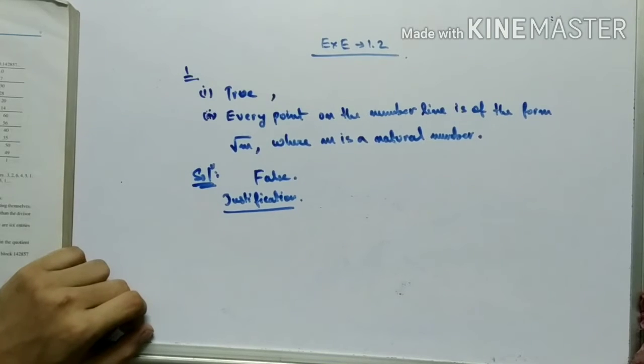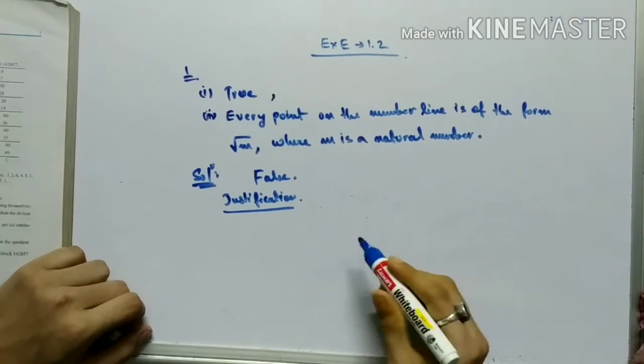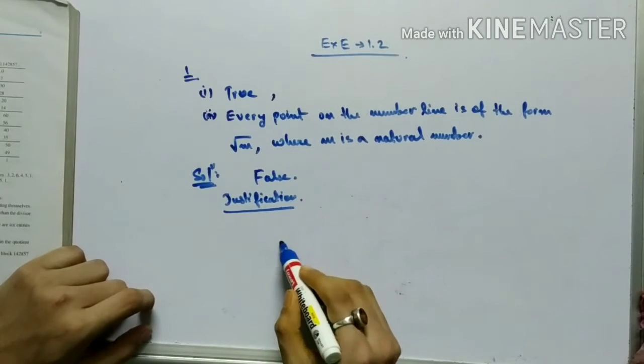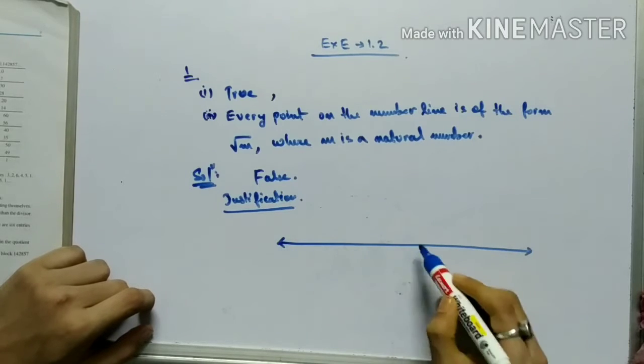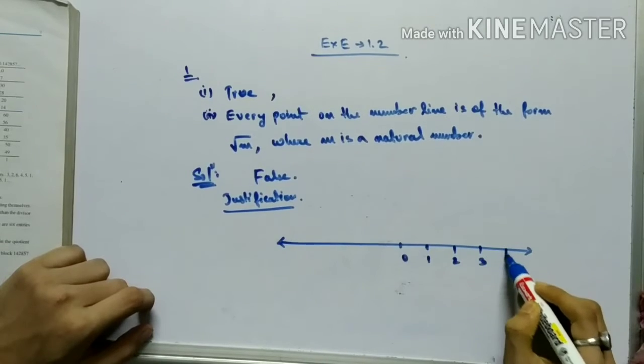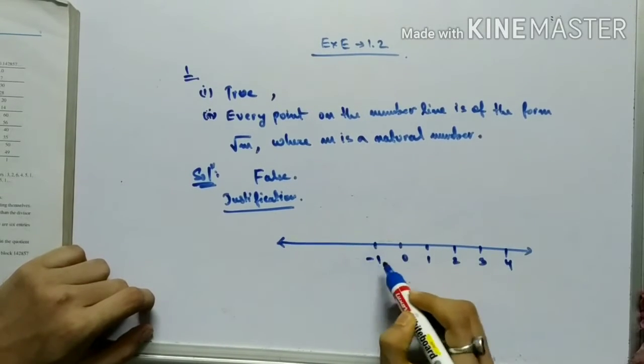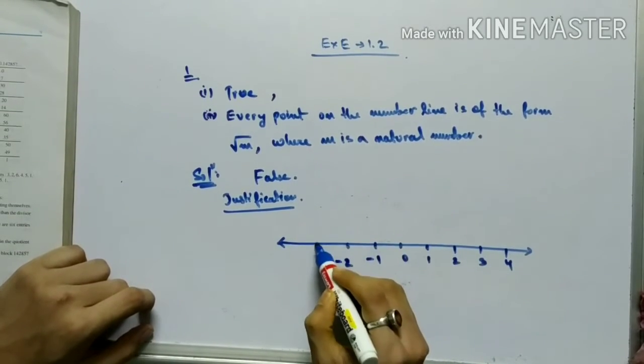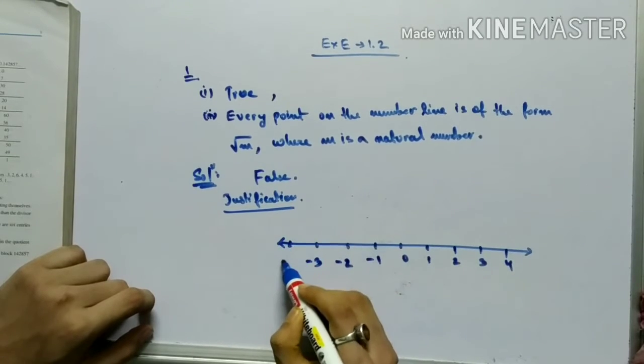You see, on the number line, we will draw a number line here. This is our 0, 1, you draw a number line, 4, then -1, -2, -3 and -4.